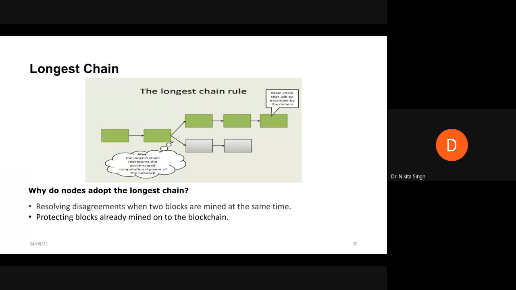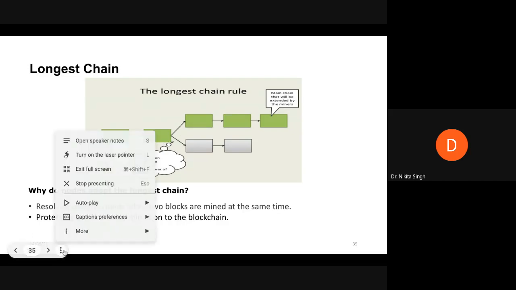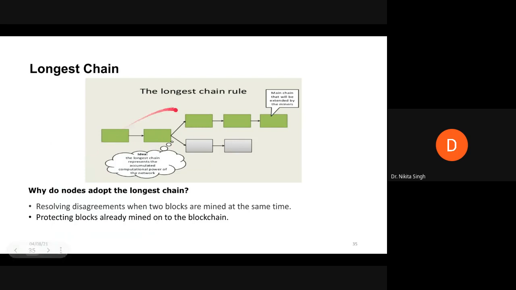So by fork, what we mean is, when forking occurs in our system, you can see here that previously we were having a single chain on the network. At this point in time, two miners create blocks; they were able to solve the cryptographic hash puzzle at the same time.